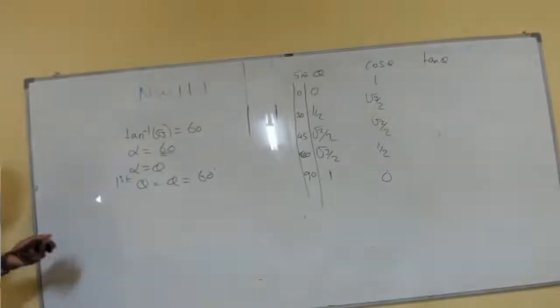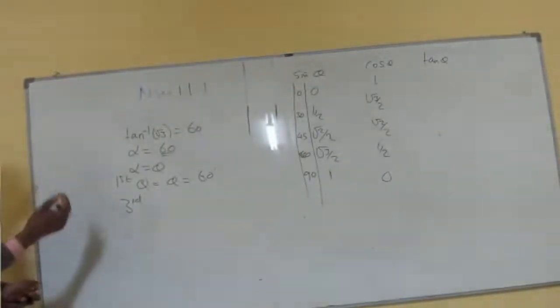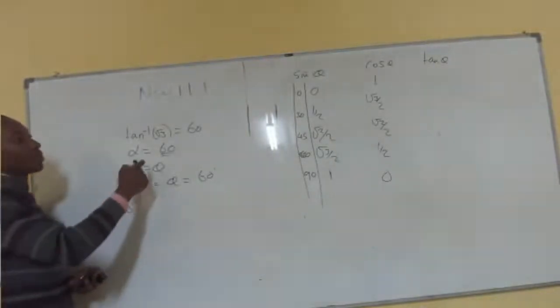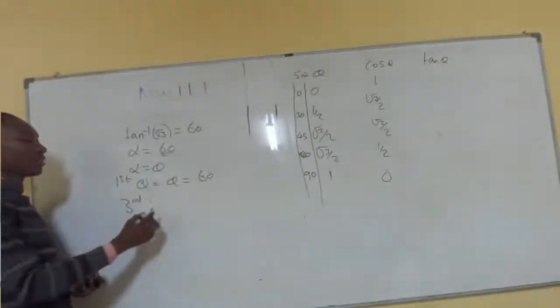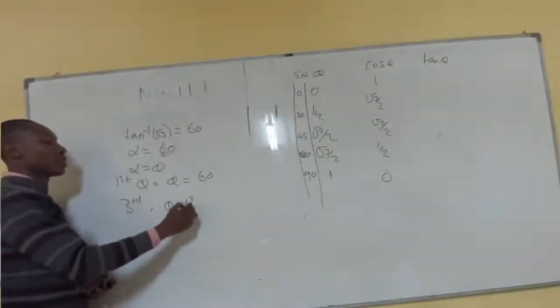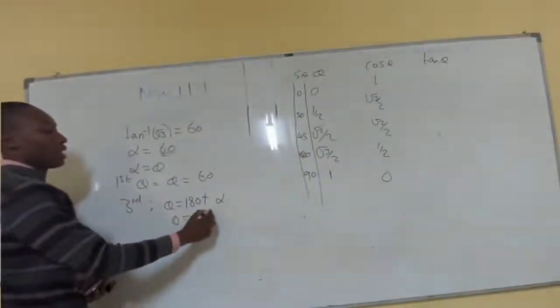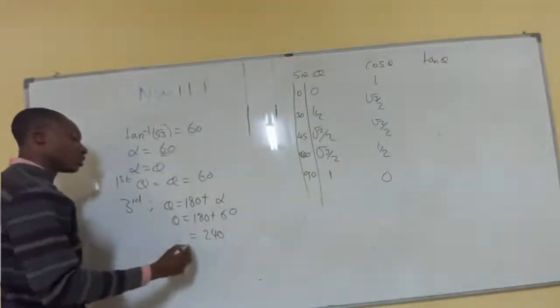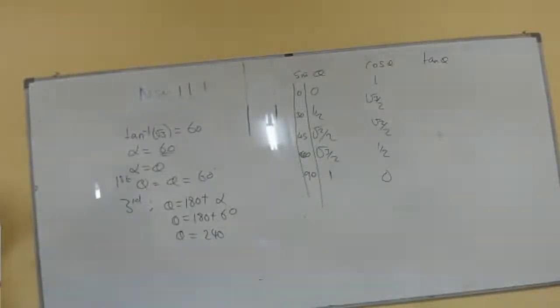Then we also have the third quadrant, where tan is positive, but the formula in the third quadrant is theta equals 180 plus alpha. So theta is equal to 180 plus 60 degrees, which is 240 degrees. So tan inverse of root 3 gives us 60 degrees and 240 degrees.